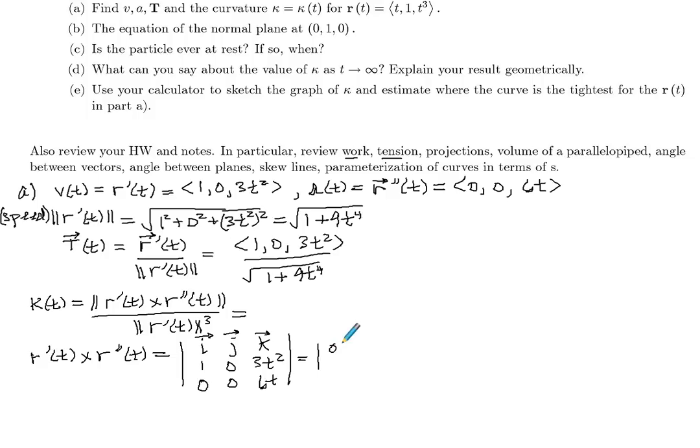So we've got 0, 3t squared, and 0, 6t. That gets multiplied by i. The j term gets minus, and we take out row and column for j, so 1, 3t squared, 0, 6t, times j, and then plus the k cofactor, take out row and column of k, 1, 0, 0, 0.